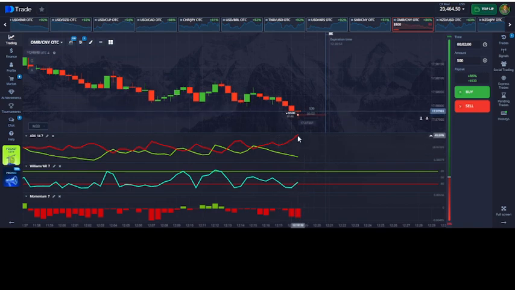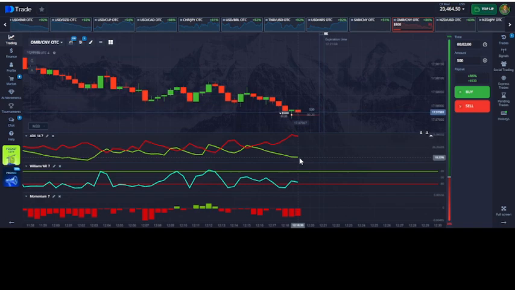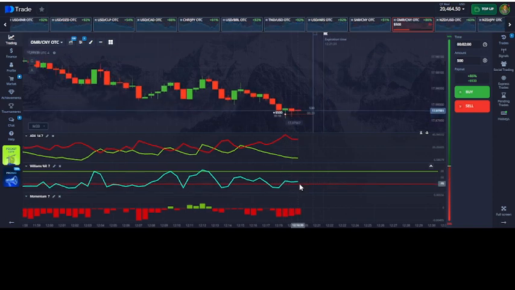The ADX line, we're seeing a divergence of the red minus DI line with the green plus DI line here. Then we have the Williams %R line initially crossing below the red minus 80 line here, and so it's ranging a little bit around the minus 80 line.